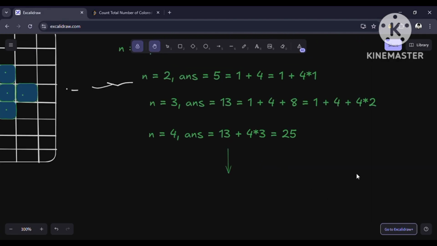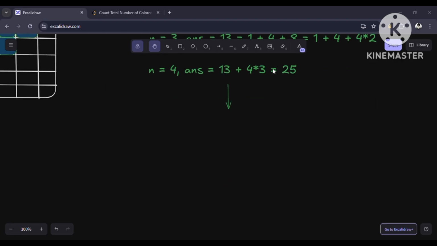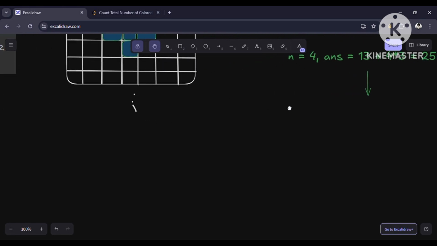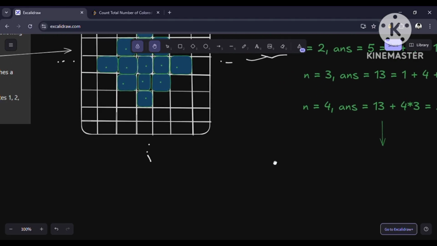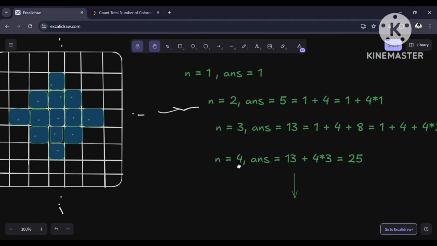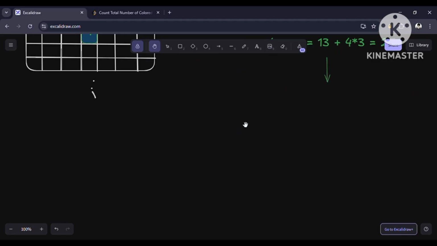Copy this. The second method is, to understand the second method, we have to understand a pattern. We have to do some mathematics.